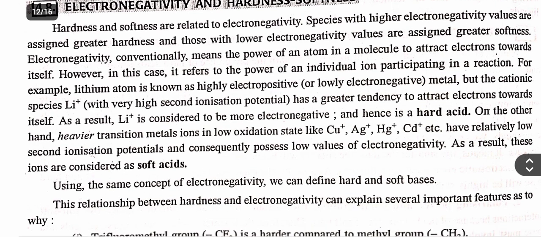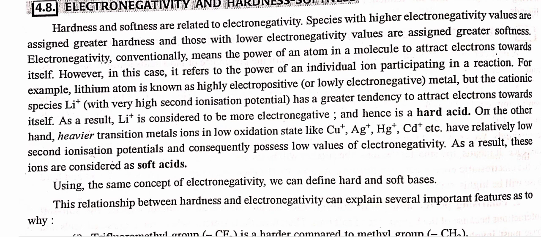For example, lithium atom is known as a highly electropositive or lowly electronegative metal, but the cationic species Li+ with very high second ionization potential has a greater tendency to attract electrons towards itself. As a result, Li+ is considered to be more electronegative and hence is a hard acid.